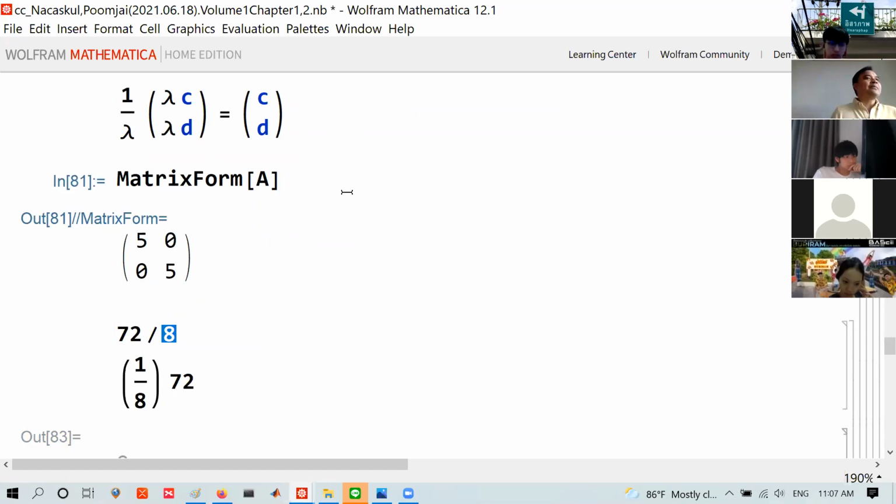The second multiplication is shrinking, multiplying by 1 over 8. And it achieves exactly what you want. So think of this as a fun game. How can you get back to the number 9 without mentioning division?